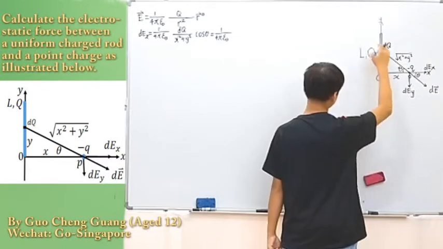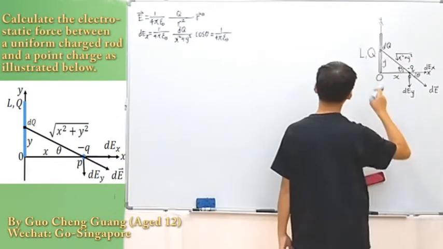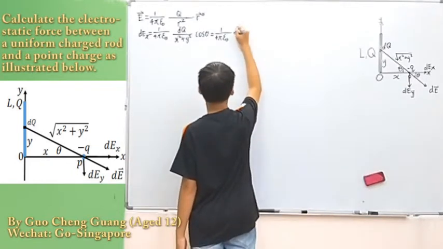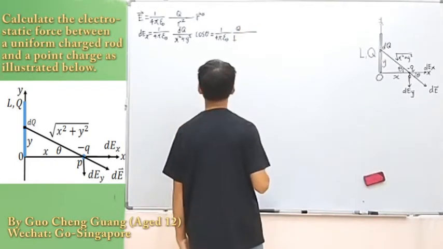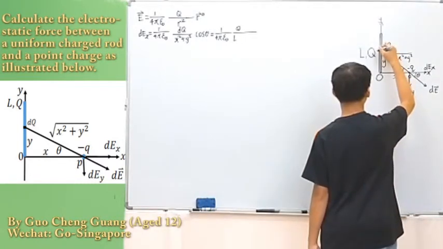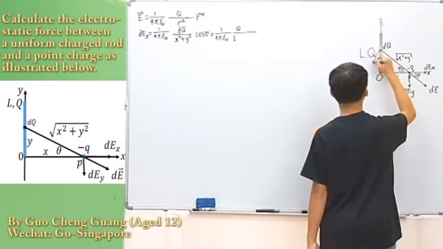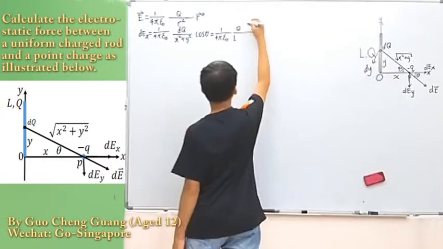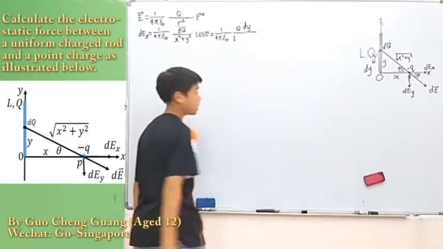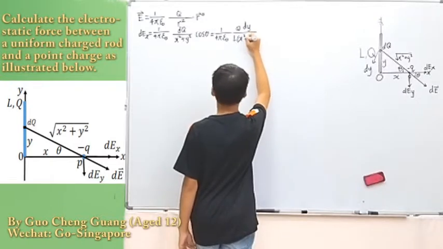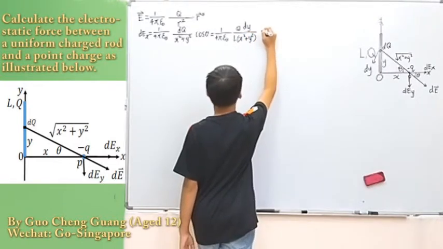So Q over L, you can say it is this linear density. Then for this part, we're just going to let one small part of this be dy. So up here, we'll be using dy. Then you have x squared plus y squared.